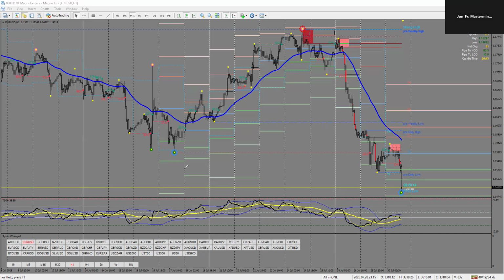As you can see right here, this trend just started after the consolidation stopped and it started shooting in a direction. You have day one right here. This is the 1 hour chart.